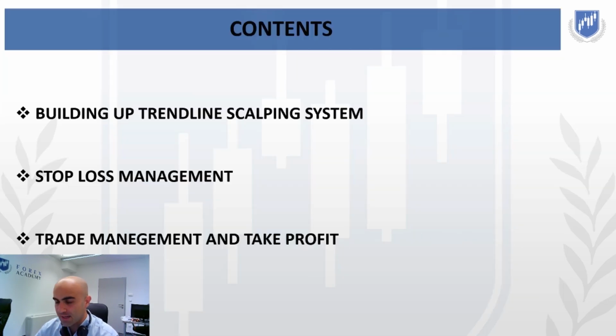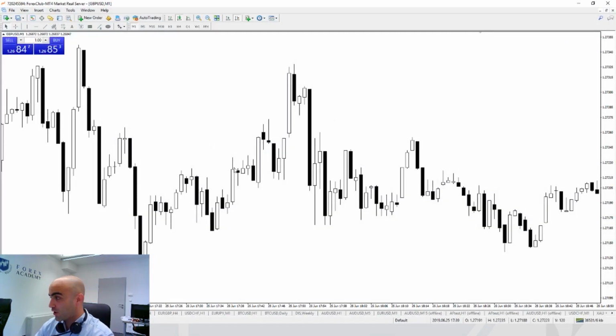Then I would like to move on to the actual contents of this video, and we're going to subdivide how to build up the trendline scalping system, how to manage the stop loss, and how to manage the trade to take that profit home. I would like to bring you first of all onto a real chart.